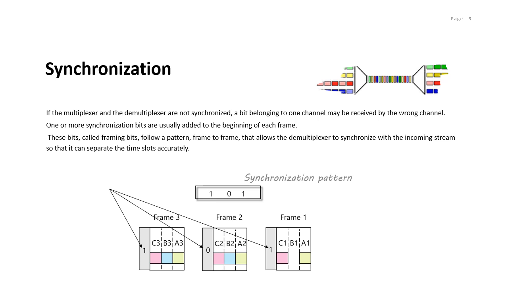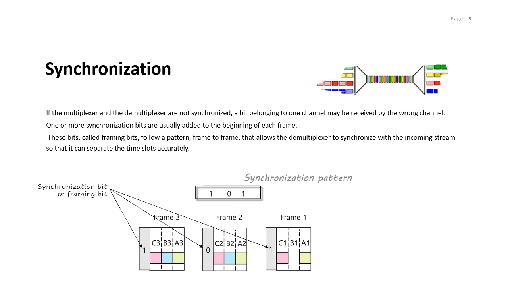Another issue to be considered with the implementation of TDM is frame synchronization, as synchronization between the multiplexer and demultiplexer is a major issue. If the multiplexer and the demultiplexer are not synchronized, a bit belonging to one channel may be received by the wrong channel. For this reason, one or more synchronization bits are usually added to the beginning of each frame.